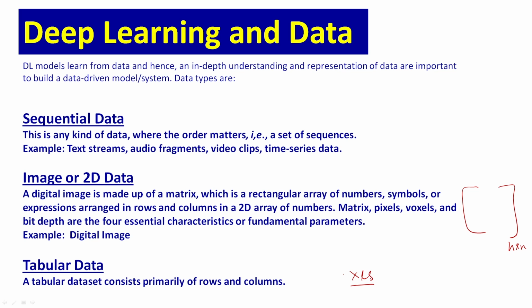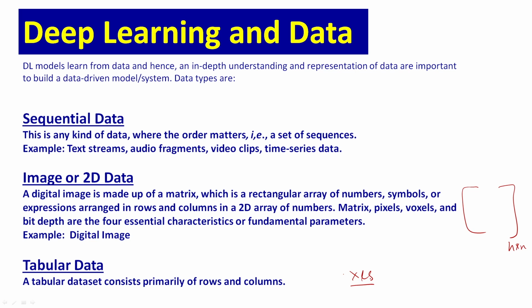Different categories of deep learning techniques perform differently on different types of data. That is why you must have prior knowledge of what kind of data you are using, whether sequential data, image or 2D data, or tabular data.